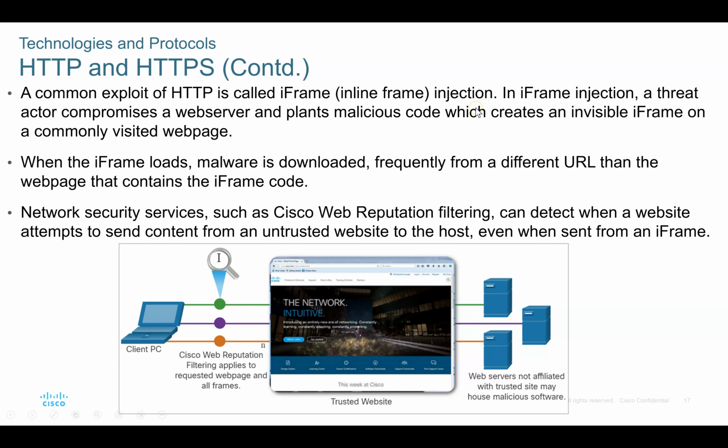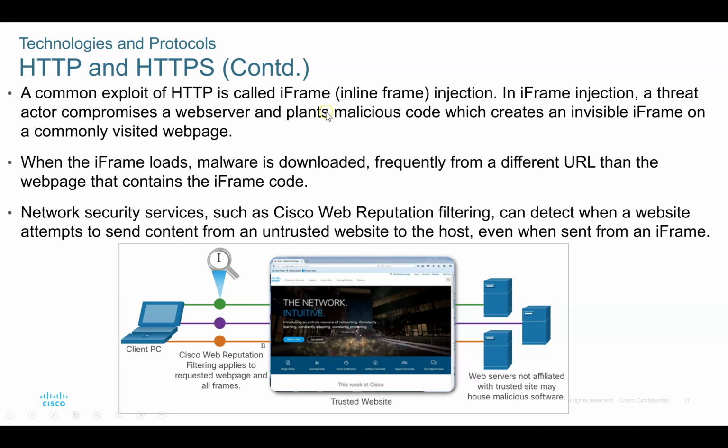Inline frame injection is where, when you are transferring a web page, some information from a different server is also transferred to your web page. So write that down. When an iframe loads, malware is frequently downloaded from a different URL, from a different location.